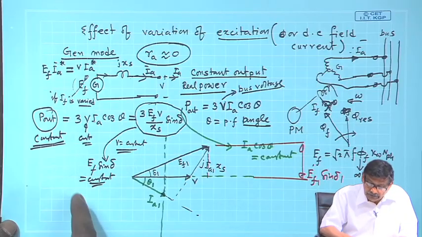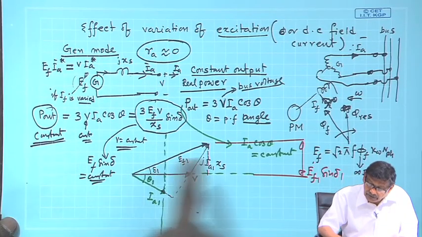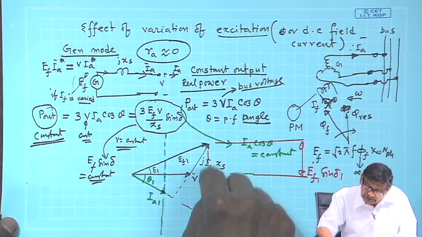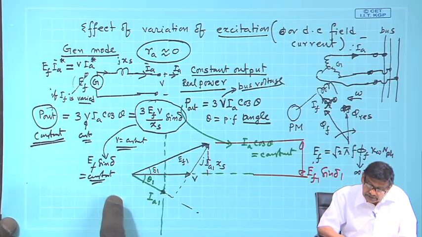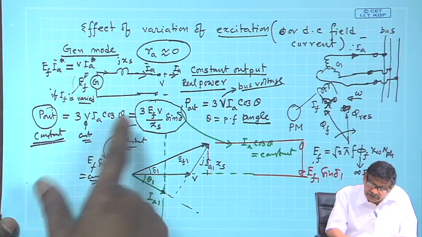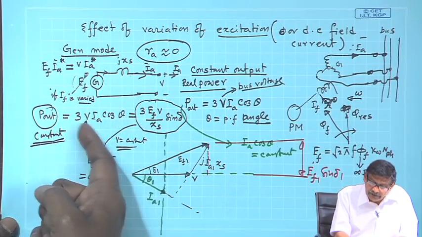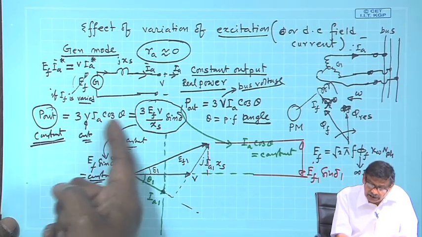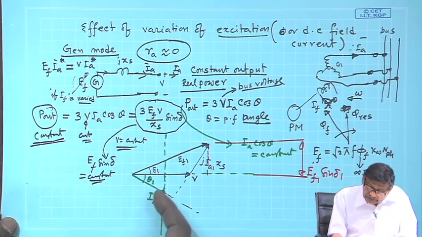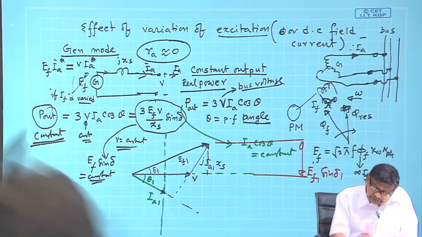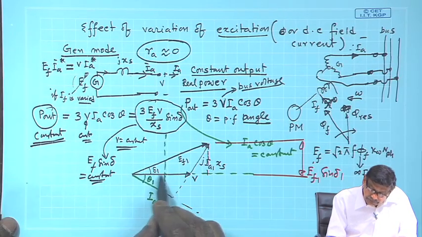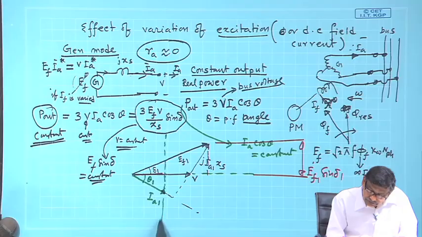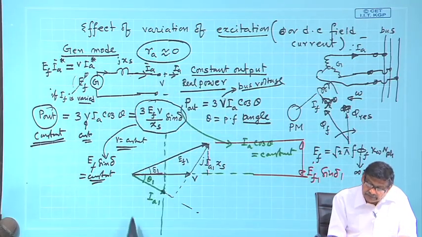Then I will conclude that E f sin delta will remain constant, that is, this vertical length will remain constant. Another way of calculating power is V I a cos theta, these two must be same, V constant. So, I a cos theta is constant, means this projection of the tip of the current will be constant. So, draw a vertical line here.